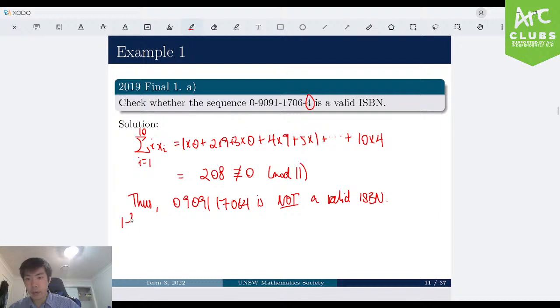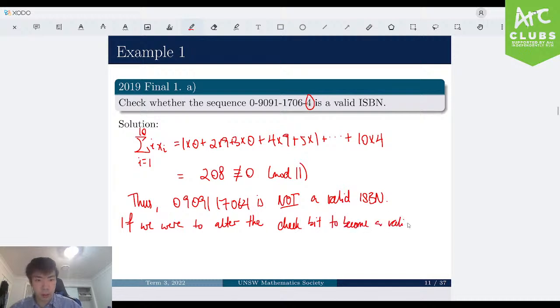If we were to alter the check bit to become a valid ISBN, what would we change it to?